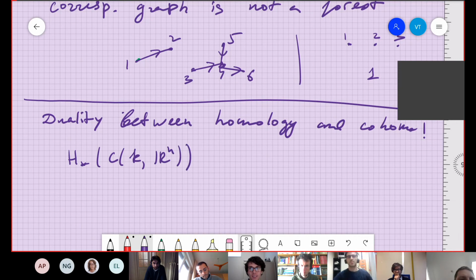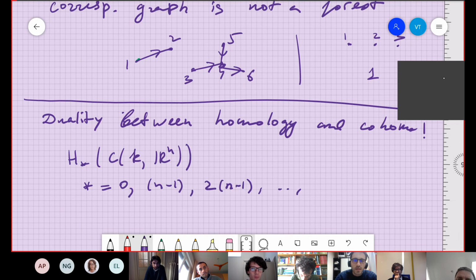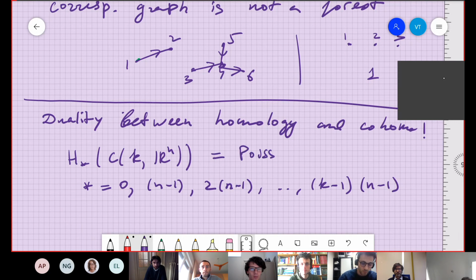the homology is going to be concentrated in degrees 0, n minus 1, twice n minus 1, and up to k minus 1 times n minus 1. So this is the case when we have the Lie part of the operad, when we have only Lie operations.